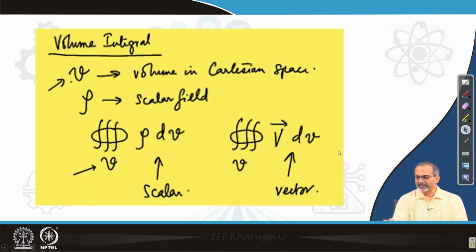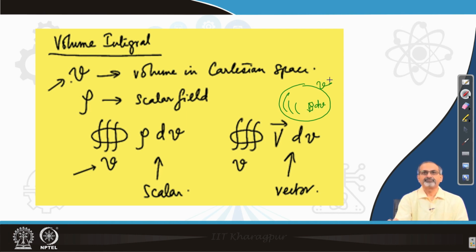We move on to volume integral. Here we say that there is a particular volume which is enveloped by the control volume that you are talking about. It is of course having a closed surface, and there are numerous infinitesimal control volumes inside that relatively big control volume V. And let us say you are integrating a scalar field rho, it could be density, and then you could have a volume integral indicated like this.